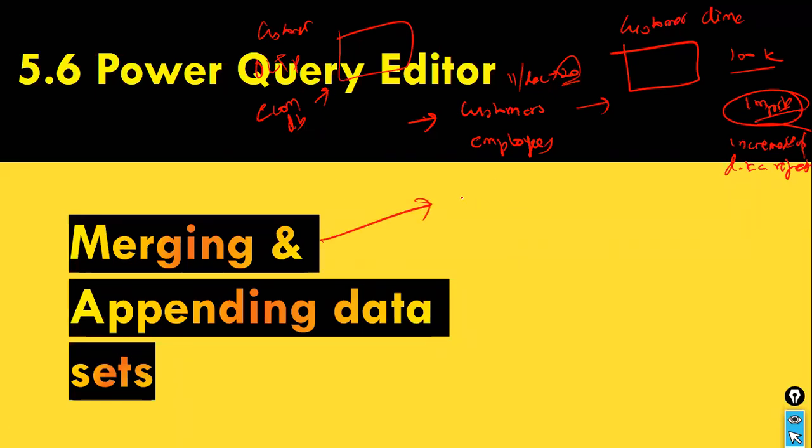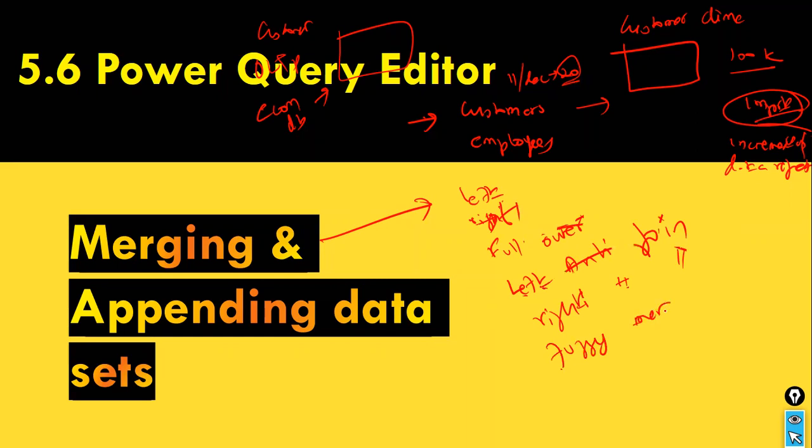In the case of merge, you have the left outer join, the right outer join, full outer, left anti-join, right anti-join, and then fuzzy merge, and something else called cross join. These are the types of joins you can do as part of merge.